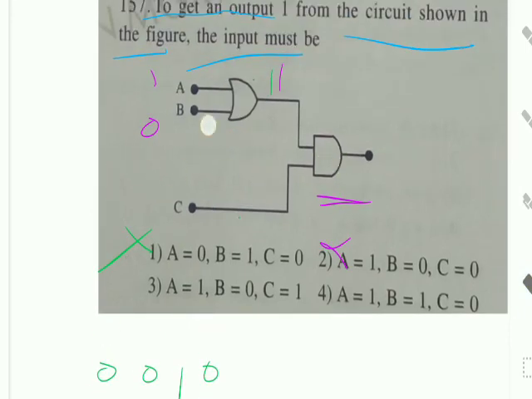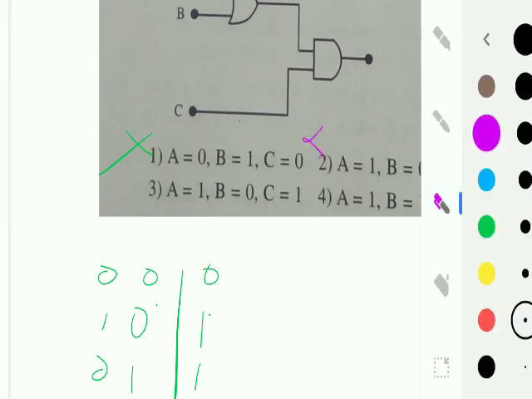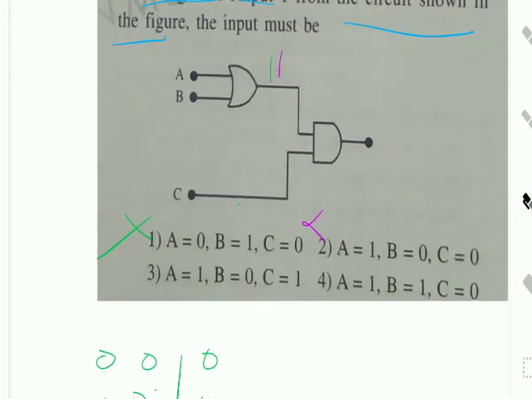We are going through the third option. So third option, a is equal to 1, b is equal to 0, c is equal to 1.